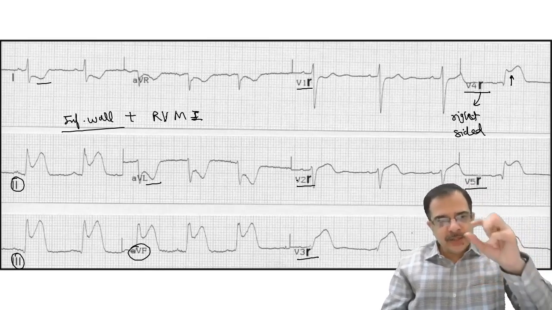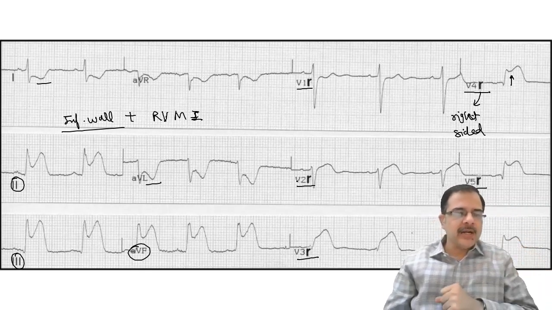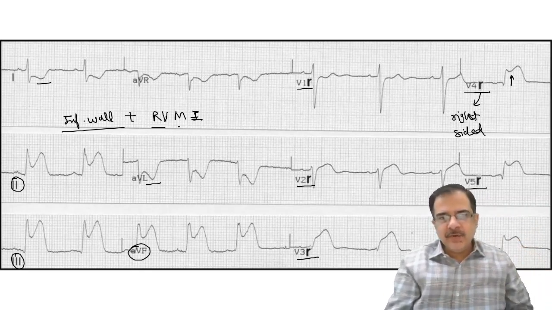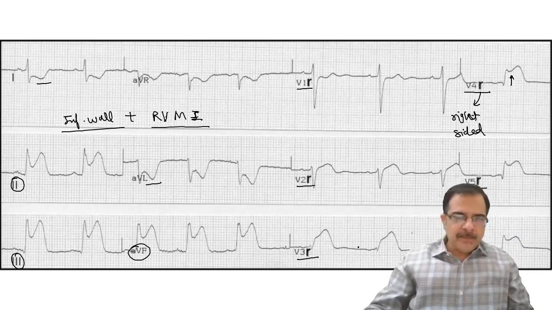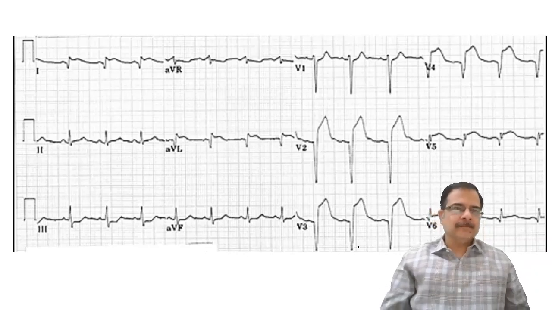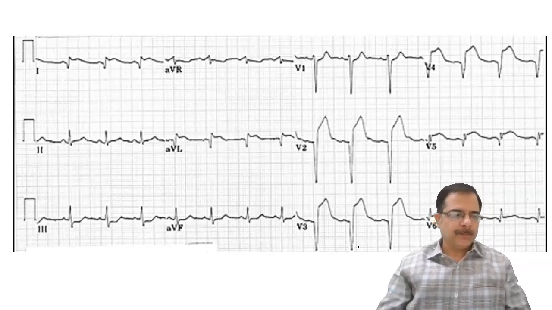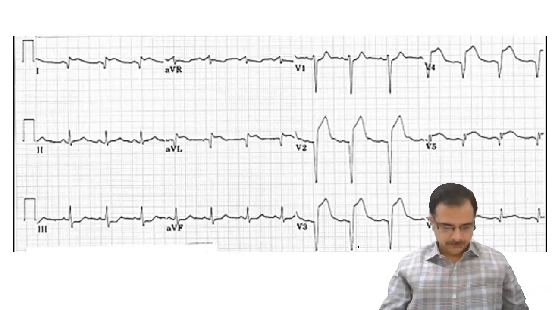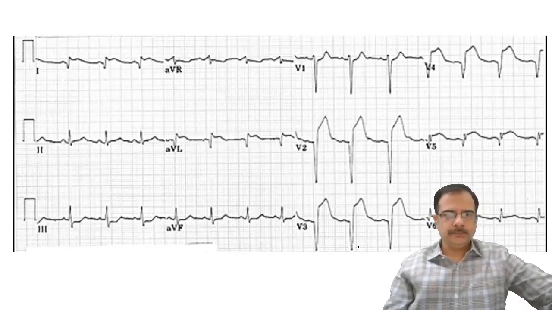If inferior wall MI is present, look carefully whether they have manually written the right sided lead or not, because the arterial supply is the same. So it is inferior wall with right ventricle wall MI. Now, coming to this one, yes, this one.